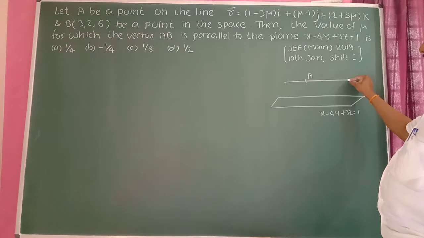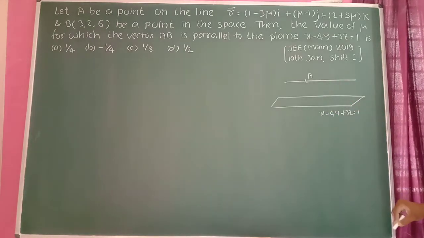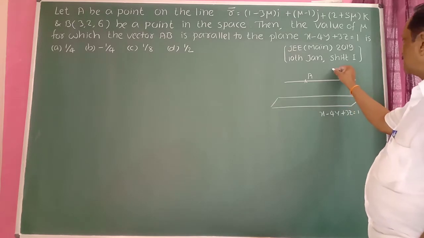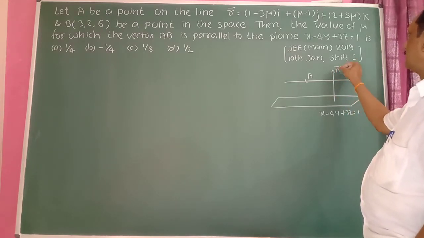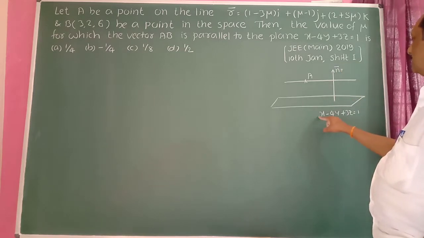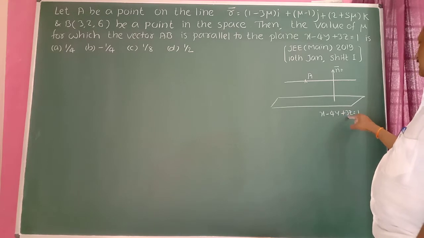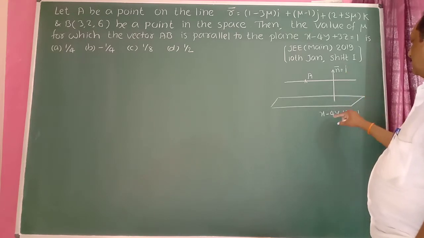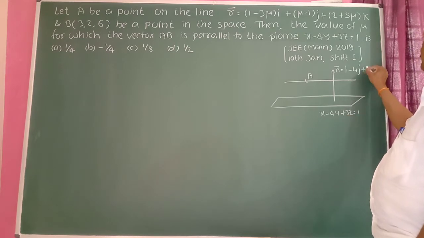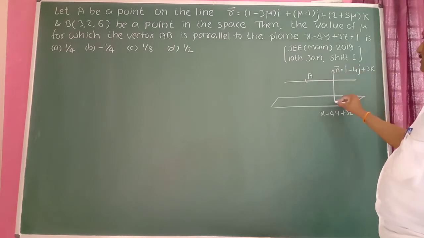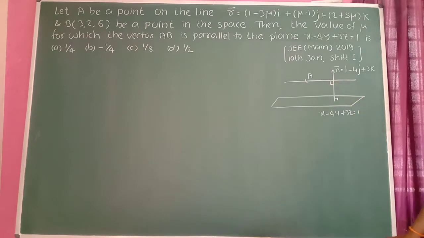The line passing through the point A is parallel to this plane, so obviously the line is perpendicular to the normal. The normal is given by i - 4j + 3k. It is a normal to this plane, and these two are perpendicular to each other.